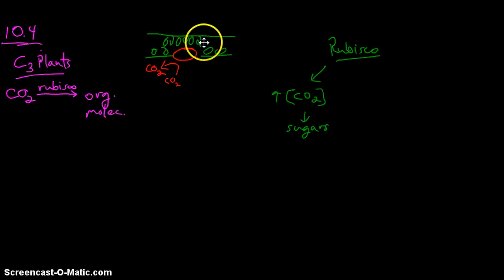In addition to that, the light reactions are still happening, so water is still being split apart and being used to make oxygen. So oxygen concentrations will actually begin to increase. When this happens, Rubisco will alternatively bond with oxygen and create an intermediate compound.